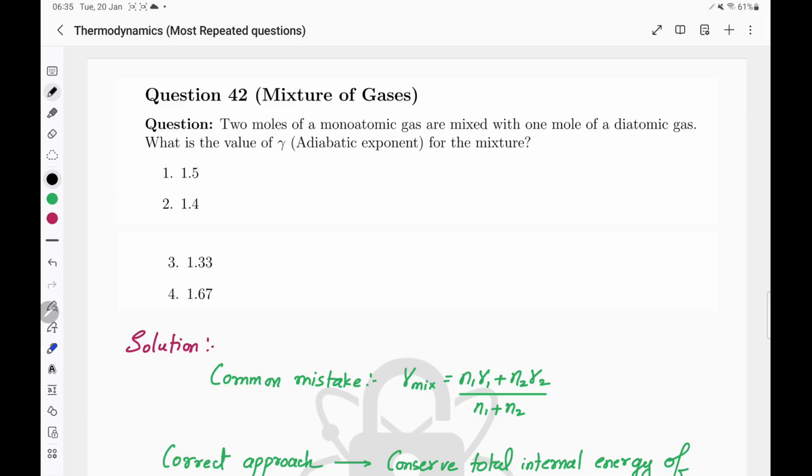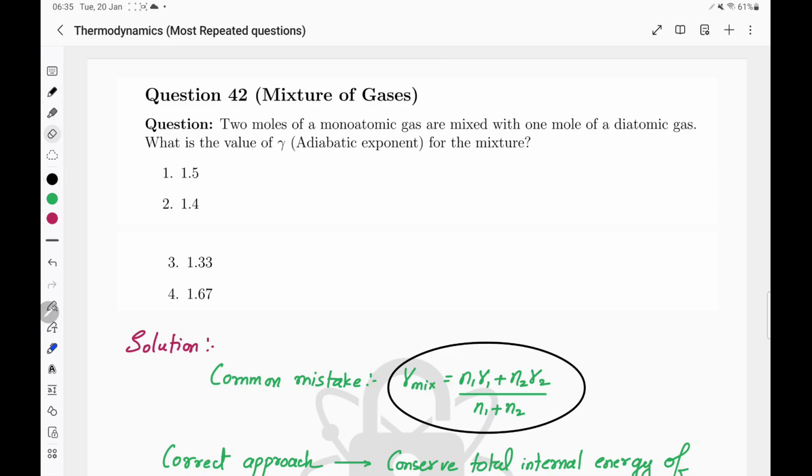Now the common mistake that students make is they take the mole weighted average of the two adiabatic exponents. Like if you have a monatomic gas, you will take its adiabatic exponent as 5 by 3, and a diatomic gas adiabatic exponent as 7 by 5, and then you will do 2 into 5 by 3 plus 1 into 7 by 5 divided by 2 plus 1.